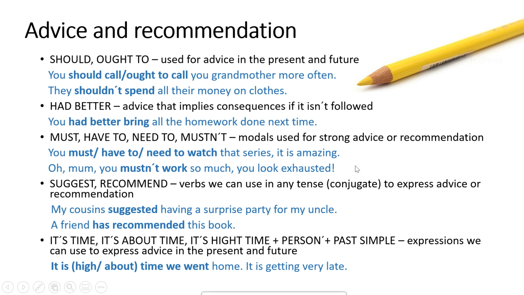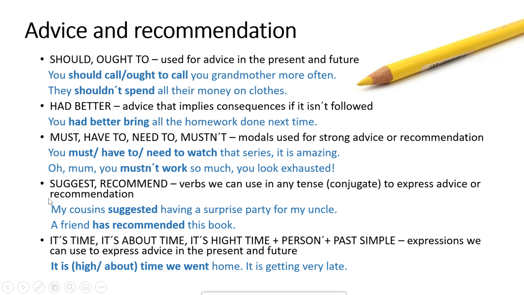Anyways, you need to be careful to use them in contexts that show it's advice, not, for example, prohibition. Look at the use, for example, of mustn't. Okay, mom, you mustn't work so much. You look exhausted. So this mustn't work is not prohibition. It's simply me telling my mom, oh, you're exhausted, work less, no?